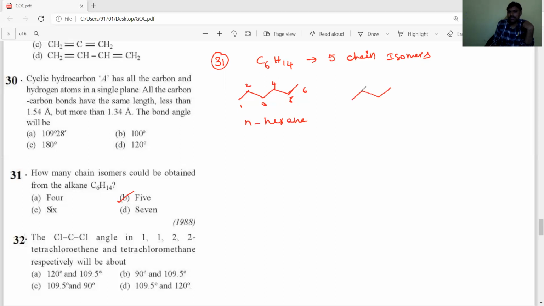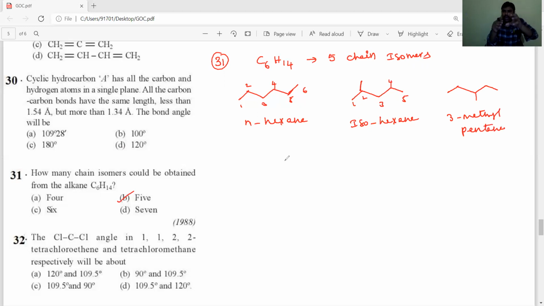Okay, next. 5 carbon atoms are in a straight chain, 1, 2, 3, 4, 5. Means 2-methylpentane, or isohexane, is another. Next, this is 3-methylpentane. Like that we got 3.